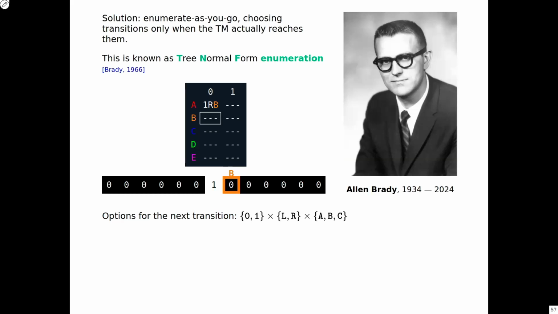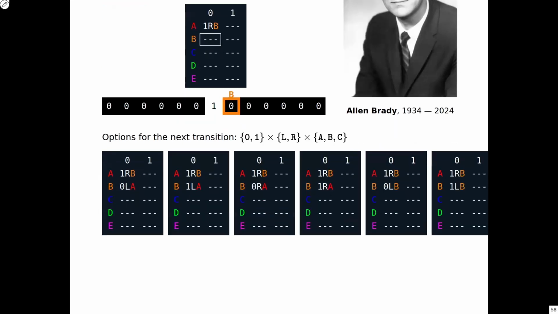But C, D, and E are all equivalent. So we take the first completely undefined state, and we go through these options, and you get multiple options. One where the new transition is 0LA, then you have 1LA, 0RA, and there's 12 of them in this case.